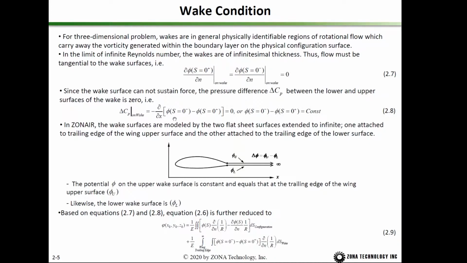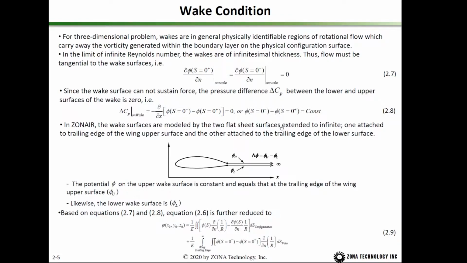So because Cp is negative 2 times partial phi partial x, the partial phi partial x on the lower surface and on the upper surface, the difference is 0, meaning the difference in velocity potential between the upper surface and the lower surface is constant. So in ZONAIR, the wake surfaces are modeled by 2 flat sheets.